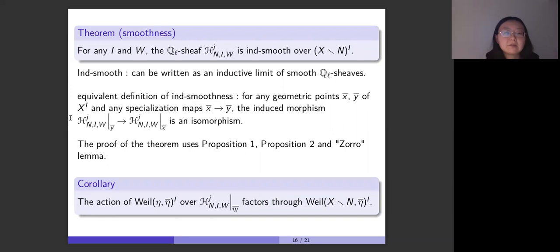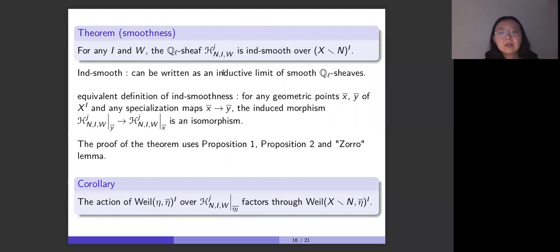So before I prove it, I state the theorem again. For unramified, there are two definitions. One is that it's an inductive limit of smooth QL sheaves. Another definition is that for any geometric points x bar, y bar, and any specialization map, the induced morphism of the specialization map is an isomorphism.